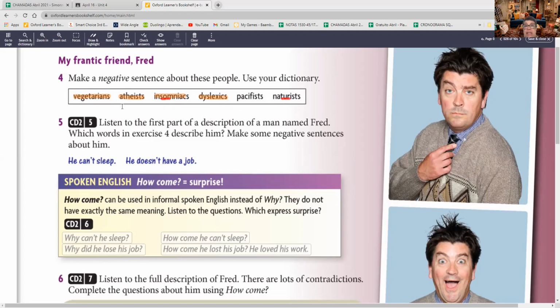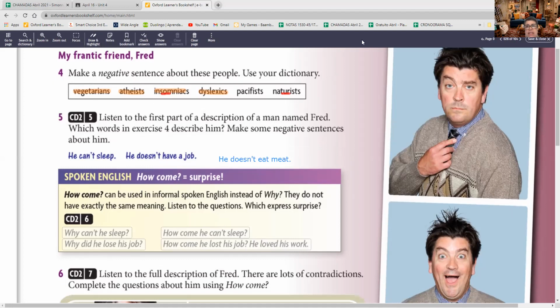If he is really a vegetarian, then he doesn't eat meat. And he doesn't believe in God. Okay, guys, pretty much the same ones we wrote up here.